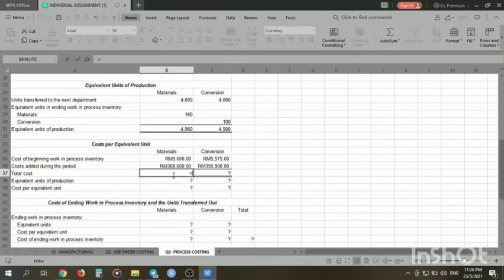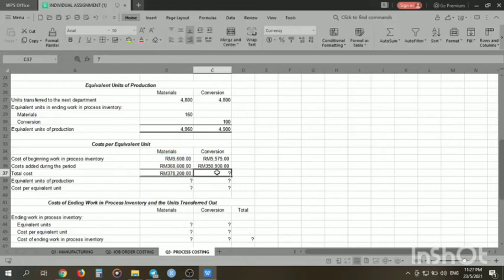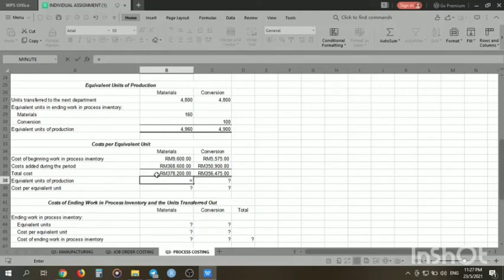And total cost, sum up the cost of beginning work in process and cost added during the period, for materials and conversion costs. For equivalent units of production, we only took the amount from the equivalent units.